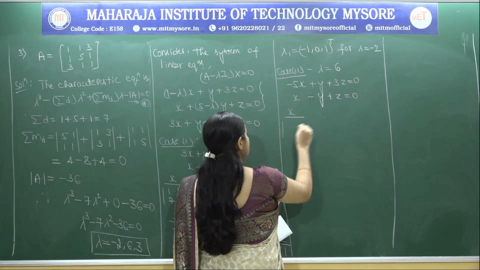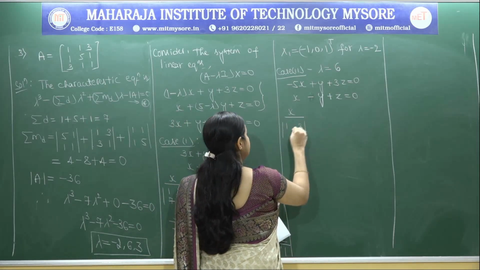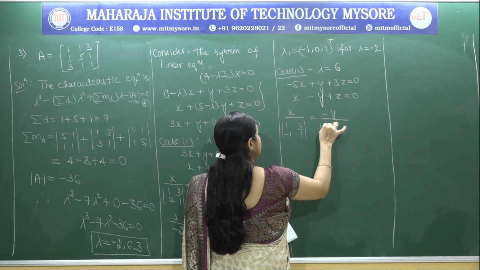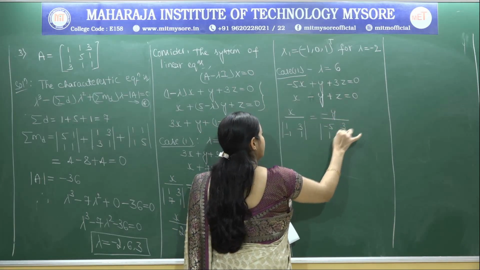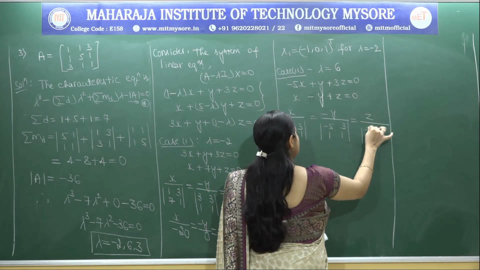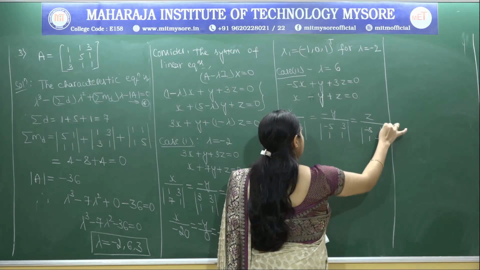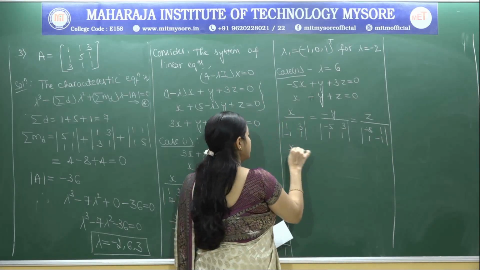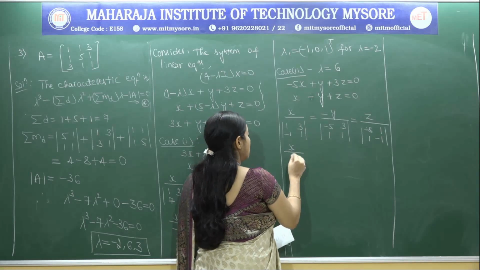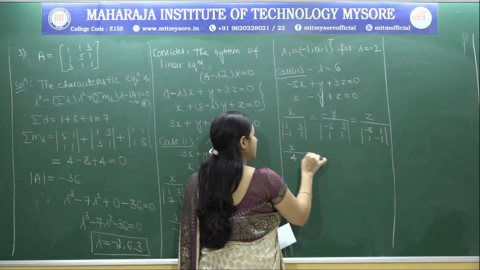So the first one, x divided by, write the y and z coefficients, minus y divided by 1 and 1, and z divided by minus y, 1, 1 and minus 1. So it is x divided by 1 minus of minus, it is plus, 1 plus 3 is 4.